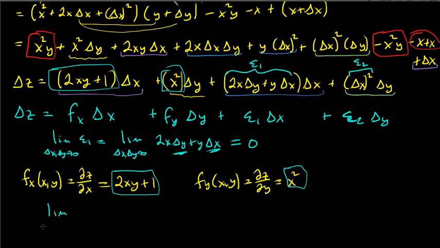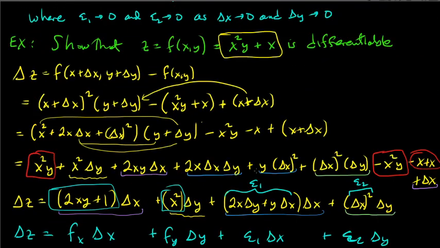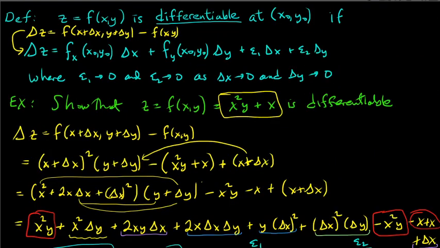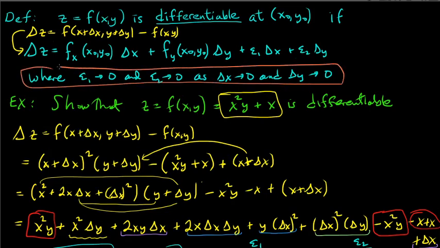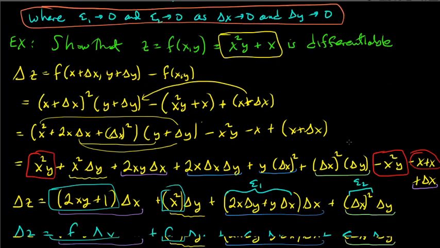And also, let's check the same thing for epsilon 2. Well, epsilon 2 is just delta x squared. So 0 squared is 0. So that satisfies this definition up here, right? Epsilon 1 and epsilon 2 both go to 0 as delta x and delta y go to 0.